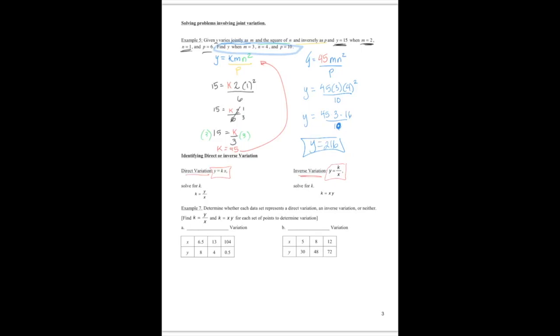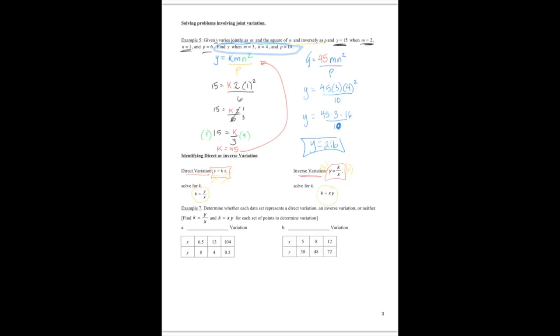So if I were to solve for k in this equation, I would divide both sides by x, and I'd get k equals y over x. So that's how you identify the constant of variation for the direct variation problems. If I'm looking at my inverse variation general equation, I would be multiplying both sides by x. So then k would equal x times y. That is how you identify the constant of variation.